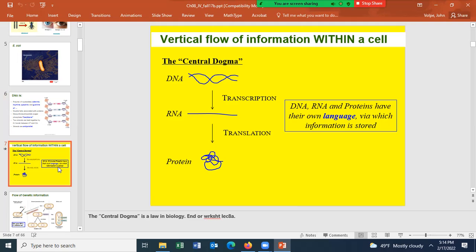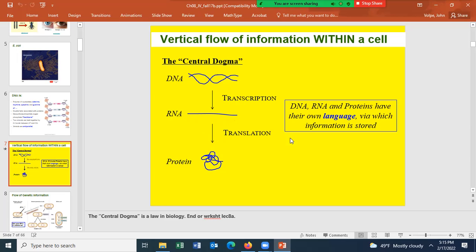All right, the flow of information within the cell: the DNA stores and encodes the information. In transcription, that information is copied into RNA, and then messenger RNA is used in translation. That information is encoded into protein.